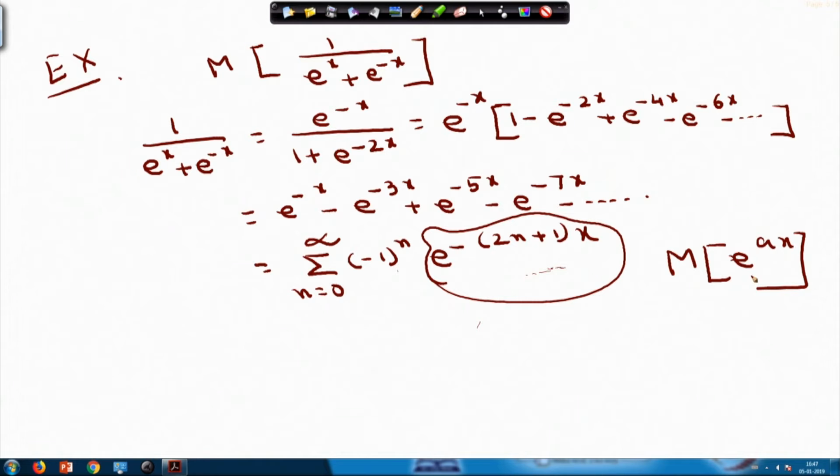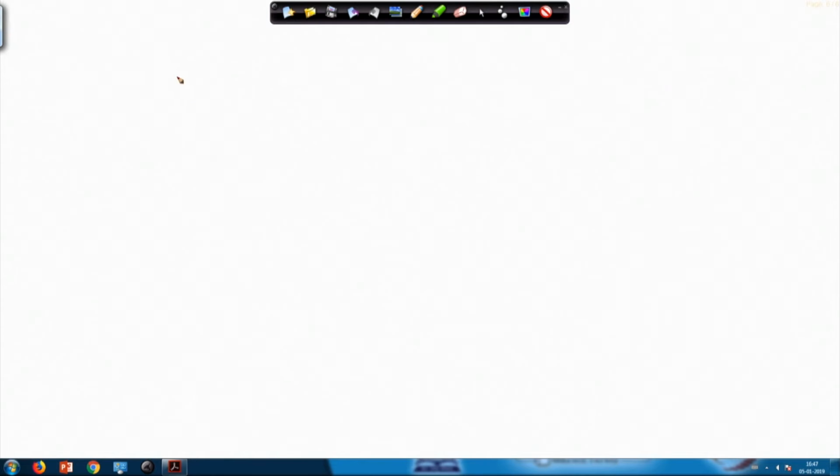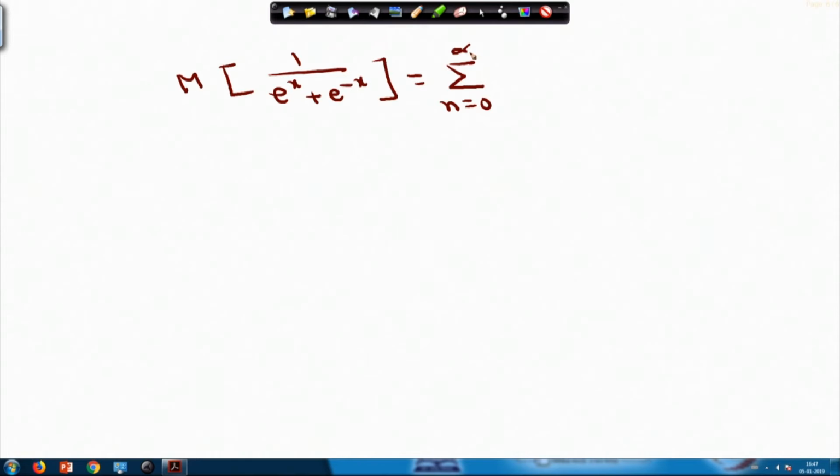Since it is known, the Mellin transform of this part we can find out very easily. So, from here we can write the Mellin transform of 1 by e power x plus e power minus x equals summation n equals 0 to infinity, minus 1 to the power n, Mellin transform of e power minus twice n plus 1 into x.